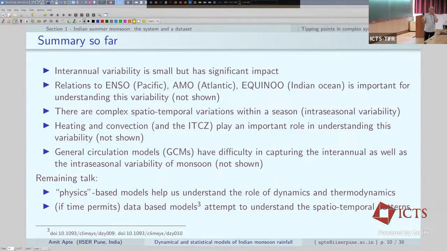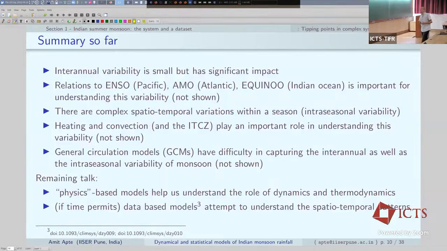So there is basically heating and convection. Tim yesterday showed this very broad plot of the moisture coming from the ocean, convection happening over the land, causing clouds and rain, and then this whole cycle and so on. So this kind of cycle plays a very important role in understanding this variability.